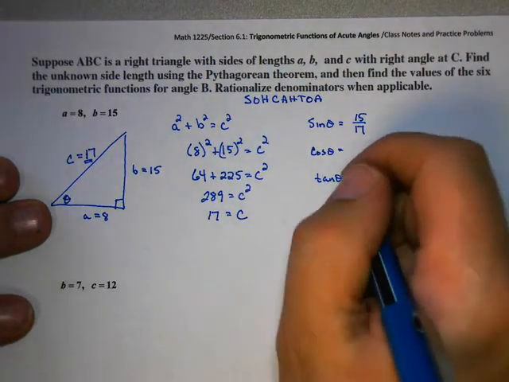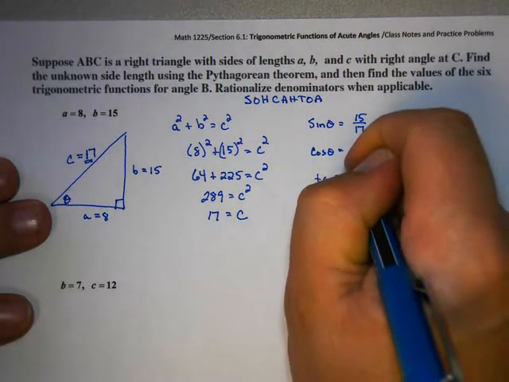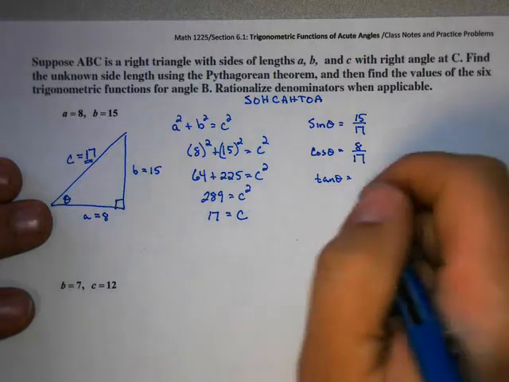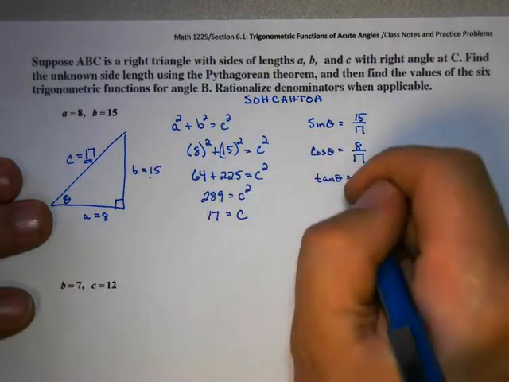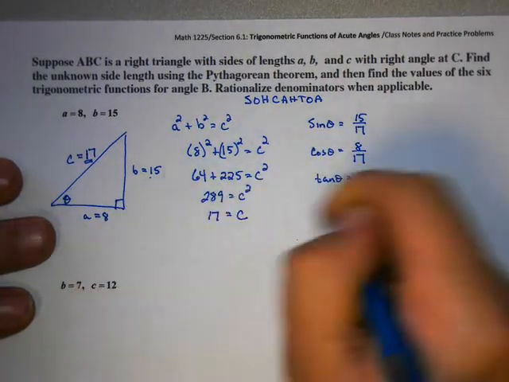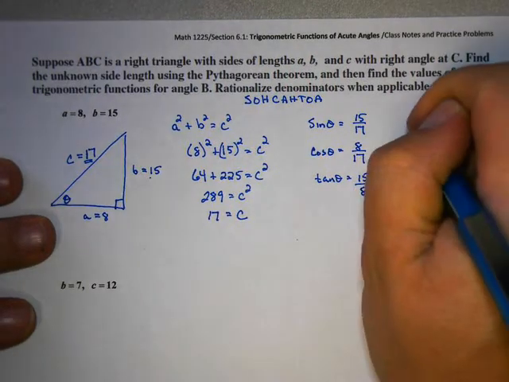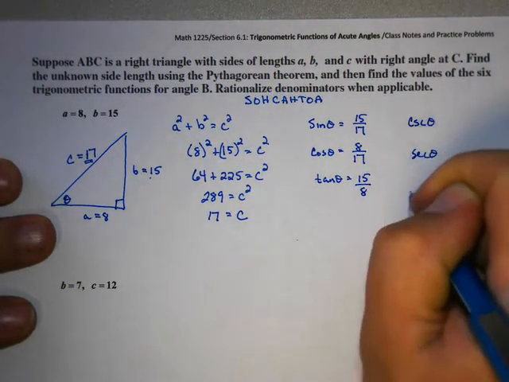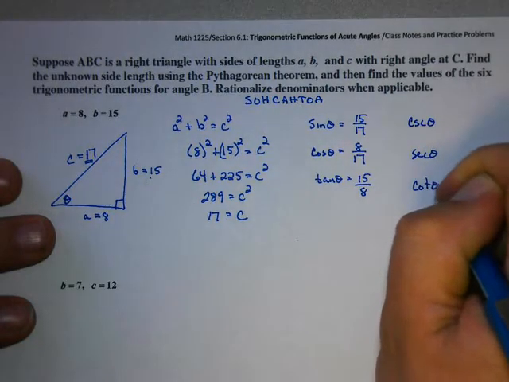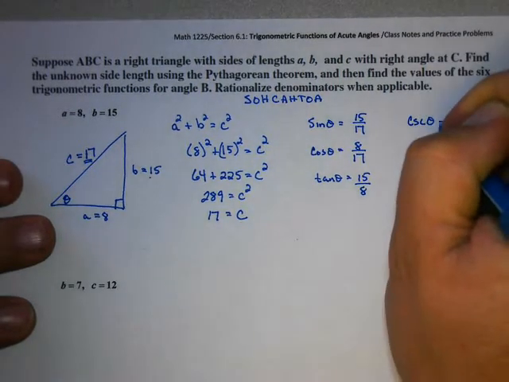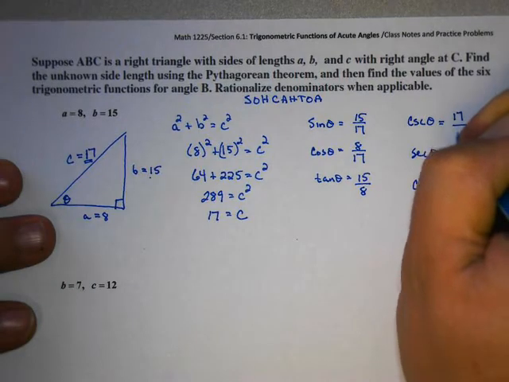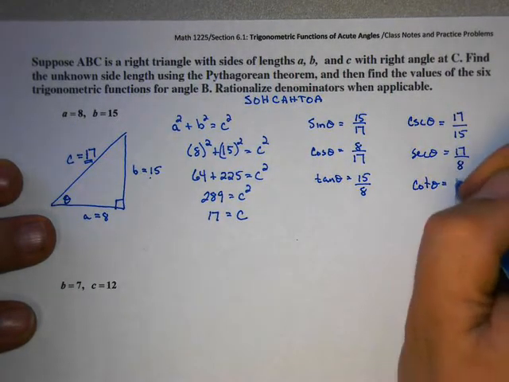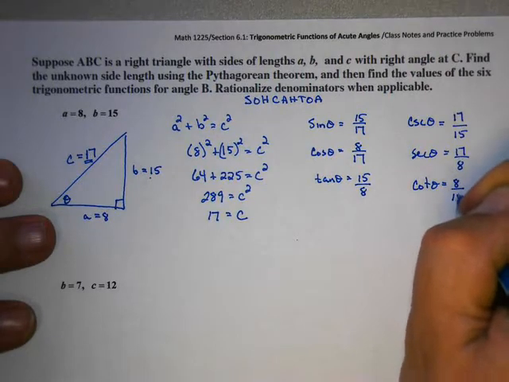So cosine's adjacent, 8, over hypotenuse, 17. And tangent is opposite, 15, over adjacent, 8. And then cosecant theta, secant theta, cotangent theta are going to be our reciprocals now. So 17 over 15, 17 over 8, and 8 over 15.